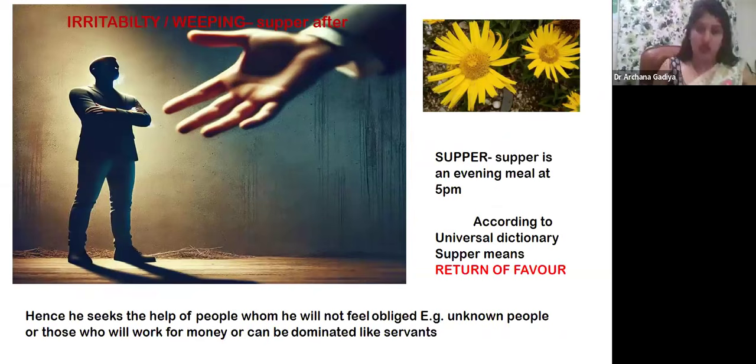You have done something for me and in return of that, I am expressing gratitude. He doesn't want this, he doesn't want anyone's favor. So favor is supper. Hence he seeks the help of those people who will not make him feel obliged to them, like servants or unknown people. He will take help from them easily, but not from known people or family, immediate family members.